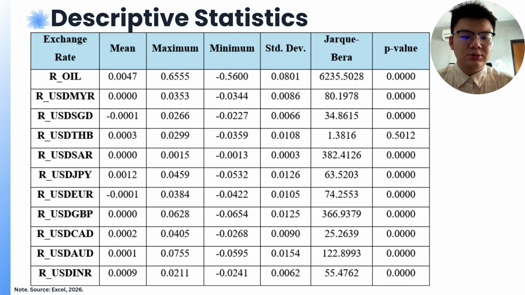This also explains that we fail to reject the null hypothesis here, which means that USD per Thai baht returns are the only series in this sample that statistically resemble a normal distribution. So that's all for my part.